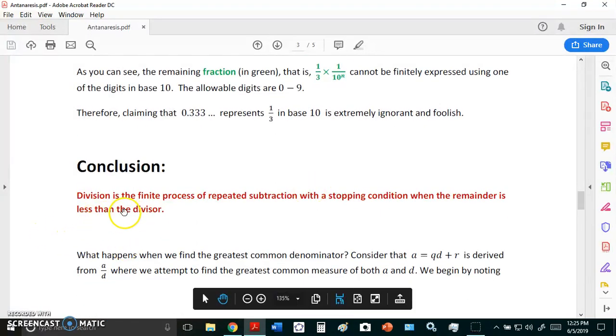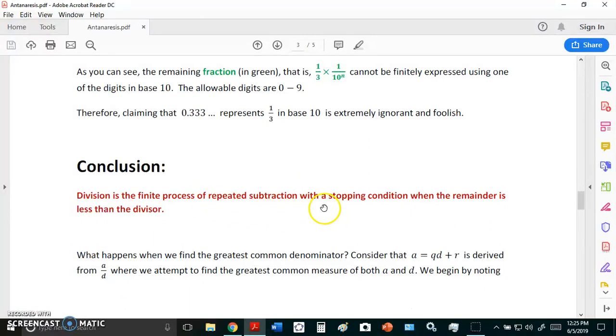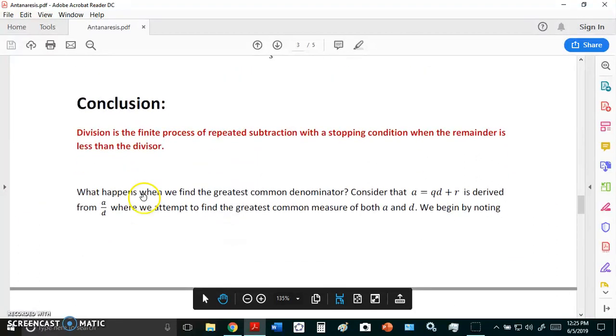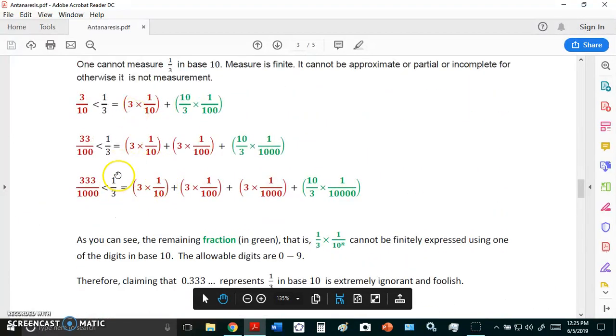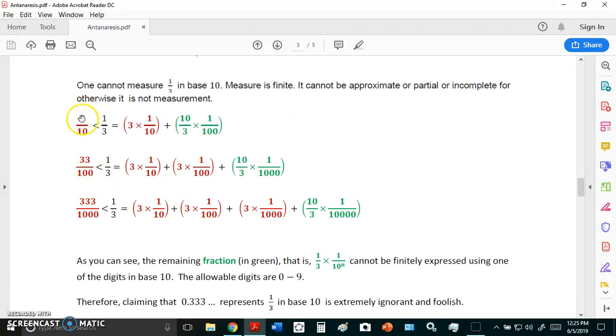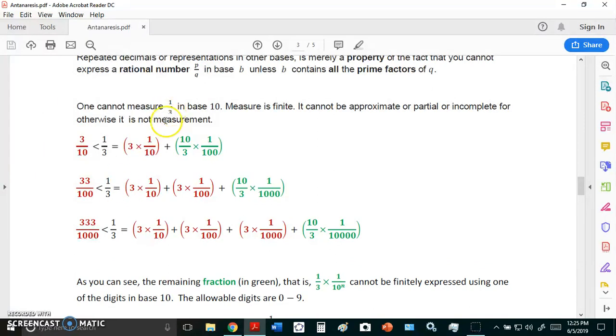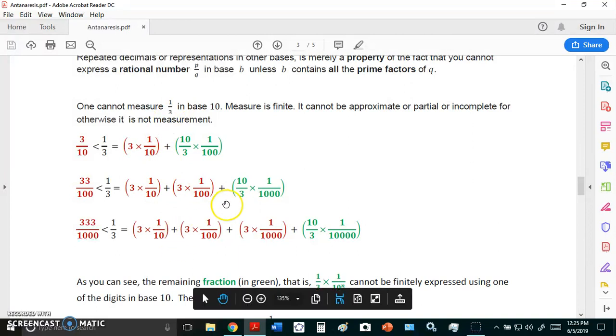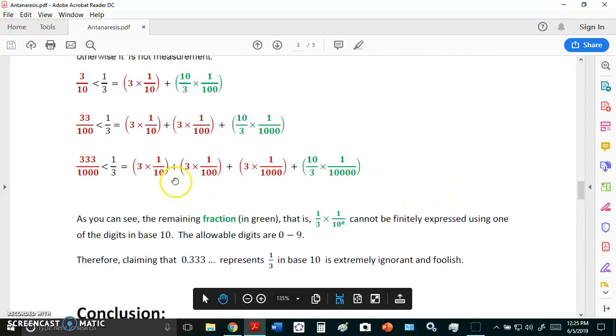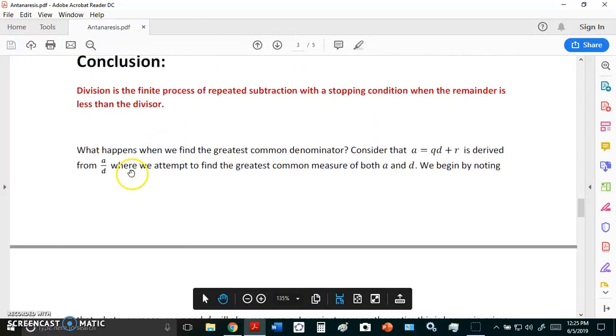But it is useful to note that division is a finite process of repeated subtraction with a stopping condition when the remainder is less than the divisor, okay, as I demonstrate in this example here. Although we're using a process of division in this algorithm, we're not really dividing 1 by 3 indefinitely, okay? There's no such thing. Infinity is a junk concept. It's all nonsense.